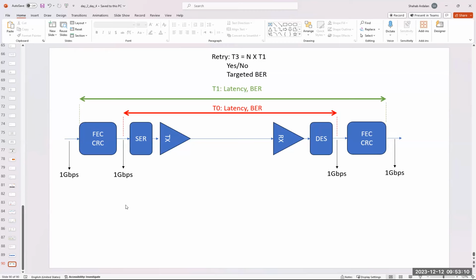Right. And a good example. I totally disagree with you guys. Again, I'm going to go to the extreme case. I'm going to go to 112 gig PAM4, and then I say, hey, my bandwidth is 112 gig. This is a real number to report. I say, okay, the beginning of my serializer is 112 gig PAM4, and I just report TX. Everybody is going to say, okay, we are less than 1 nanosecond.